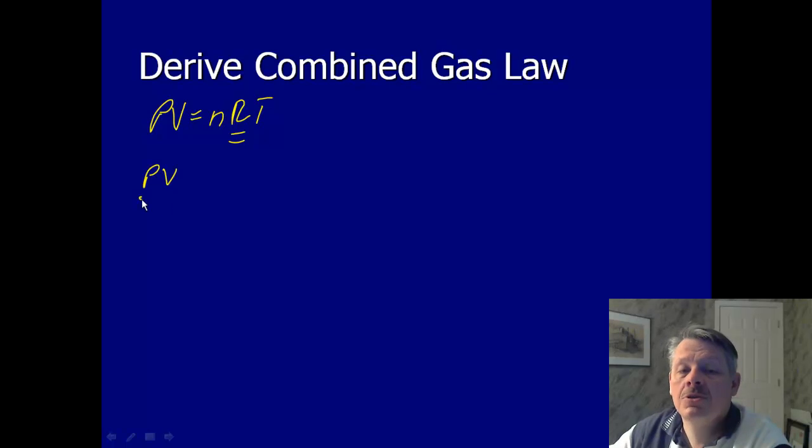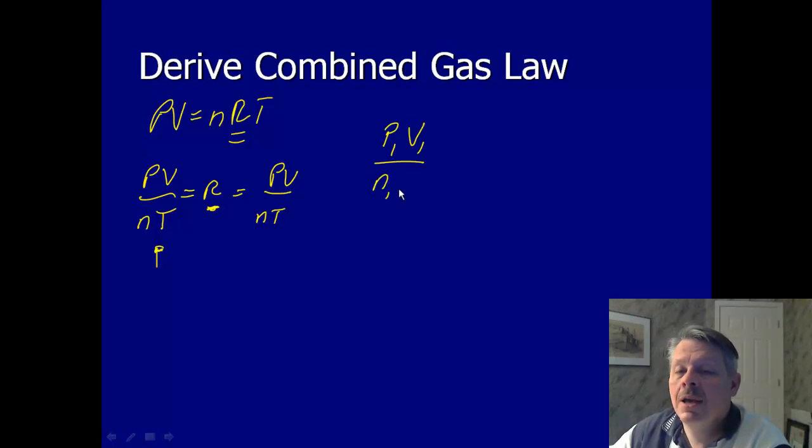So I'm going to solve for R. PV over nT is equal to R. Now, if my constant never changes, so long as I keep my units the same, then this could be the initial state of my system, and over here I could say this is the final state of my system. So this looks like P1 V1 over n1 T1. Is it starting to look familiar? Is P2 V2 over n2 T2.